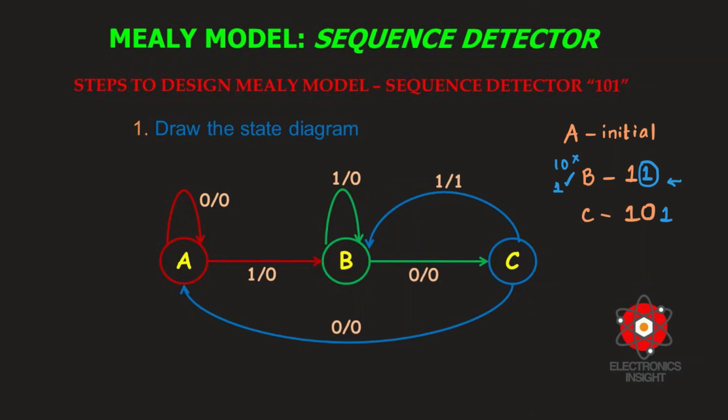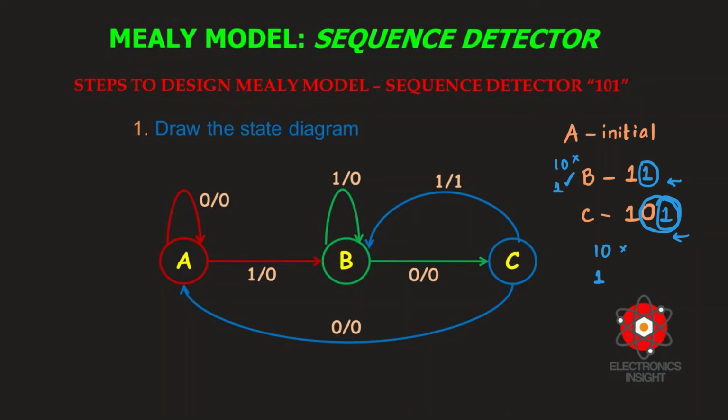If I have received 101, I check these 3 bits. The 3 bits are the same as my desired sequence 101. Even if it is the same, we have to reduce the number of bits and check where I should stop. So I reduce it to 0, 1. In the desired sequence it is 0, 1, and in the received sequence it is 1, 0. It is not the same. Then I reduce it to 1.